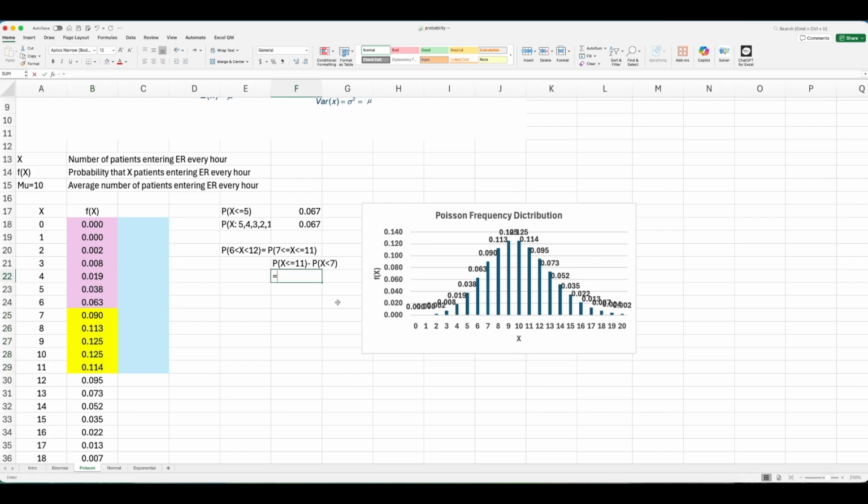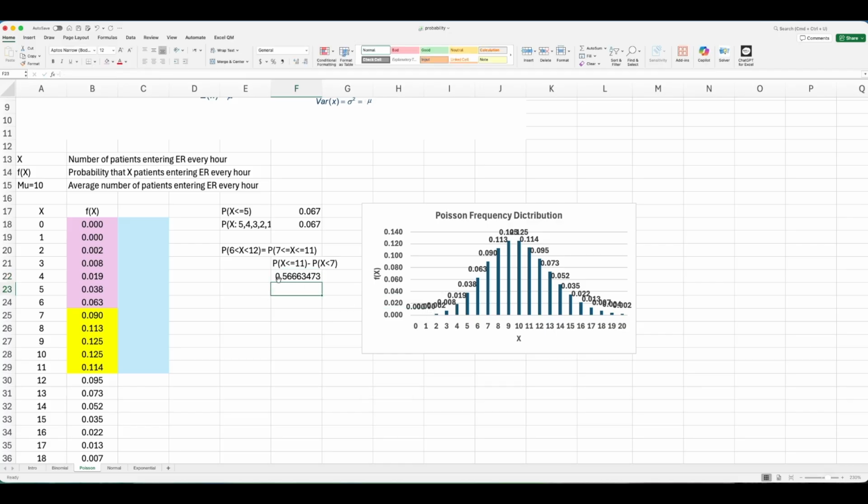So I can write this as POISSON.DIST of 11, when on average we expect 10, and it's cumulative, minus POISSON.DIST of 6, when on average we expect 10, and again it's TRUE. Okay, I made a mistake here.